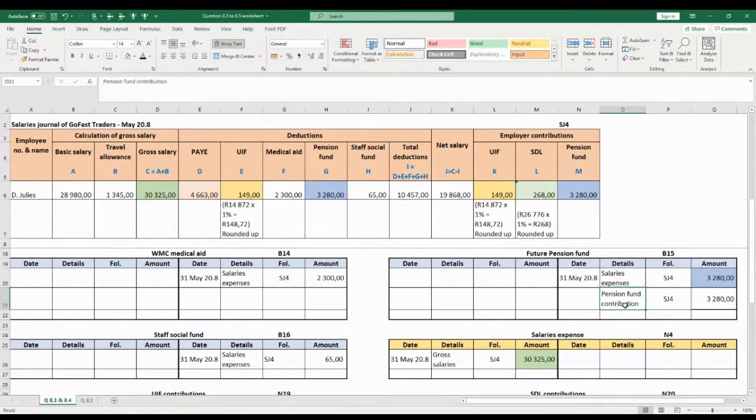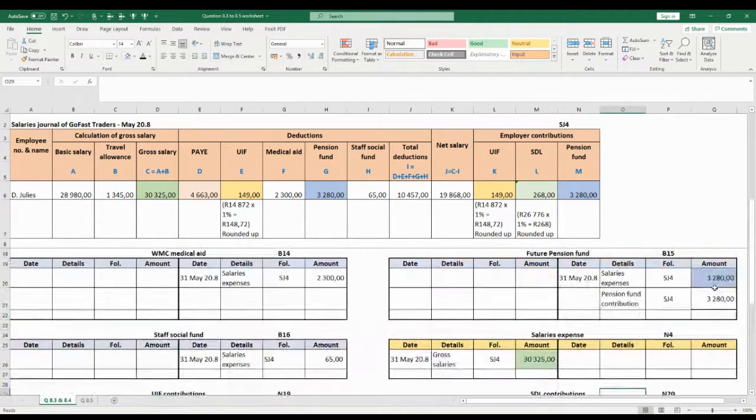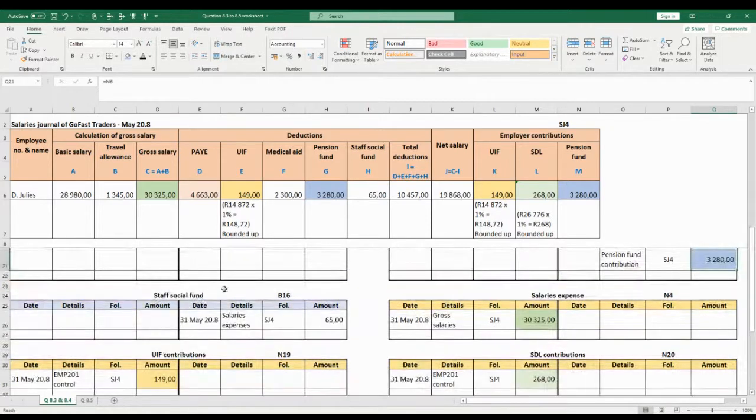So that's the expense account we need to create to bring in the employer contribution, but the amount will be exactly the same. So if we scroll down, we've got the expense account here, which we debit with the 3,280. So there we've accounted for the credit and here for the debit.